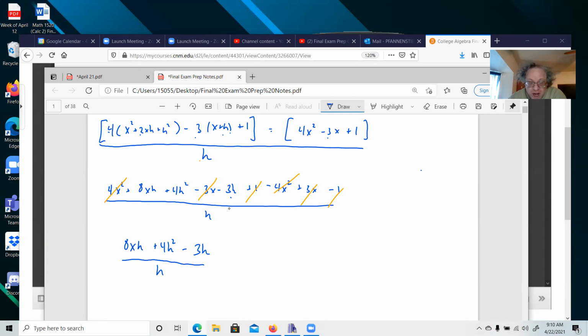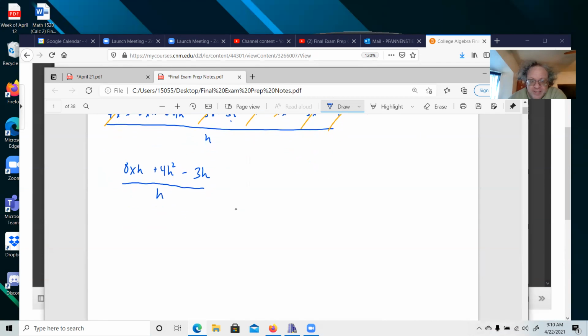Another common mistake is that people look at this h and cancel just that one, and then they think they're done. You can't cancel like that. So this is h times (8x plus 4h minus 3) all over h. Then we cancel again, and our answer is 8x plus 4h minus 3.